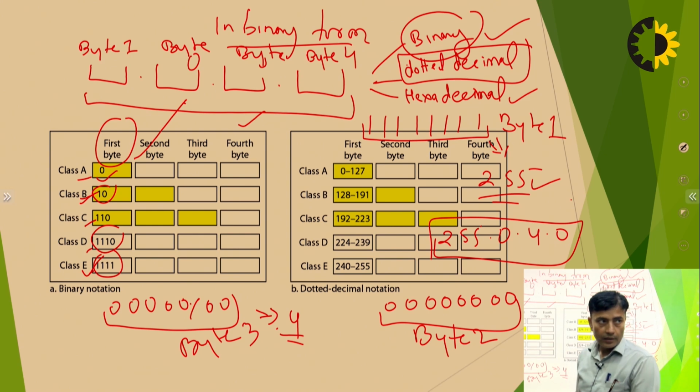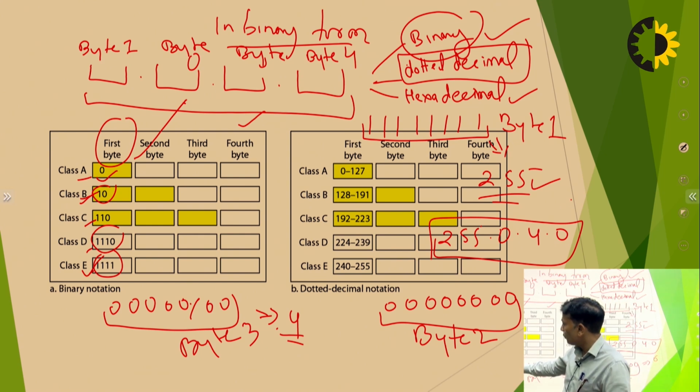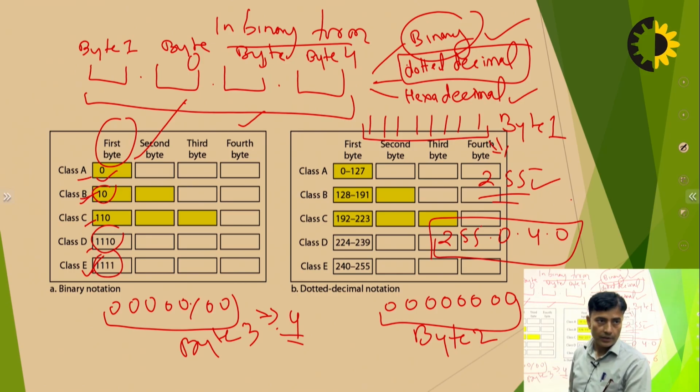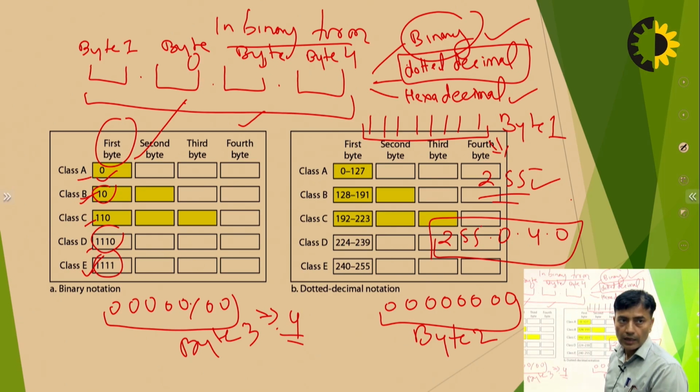Okay. One important thing here: we are assuming that our IP is in binary representation. So class A starts with 0, class B with 10, class C with 110, class D with 1110, class E with 1111.